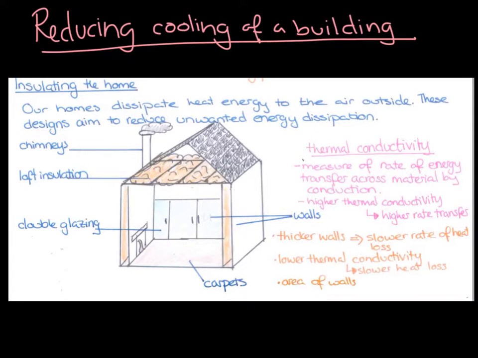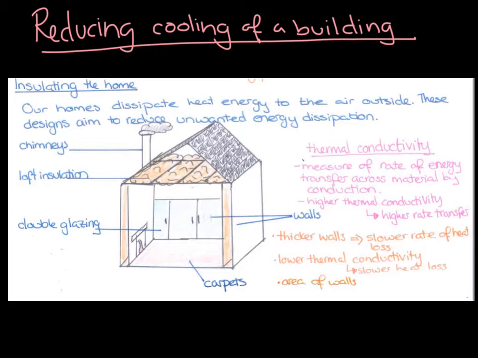Now, the final thing we need to talk about is how we stop the transfer of energy from our homes that we've been heating to the surrounding air outside, because this is a big source of wasted energy. There's lots of energy dissipated from our homes. So we've got different things that we can do to our homes.